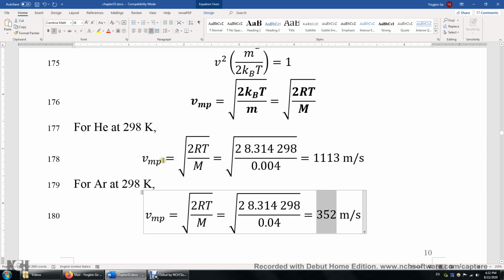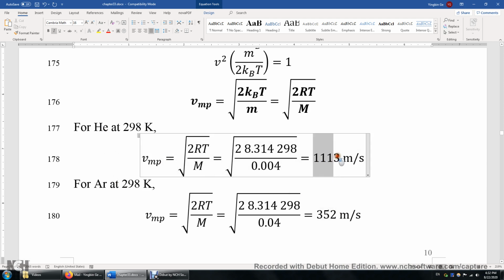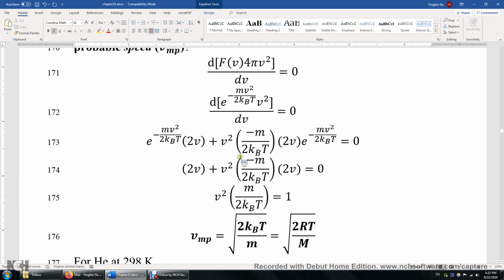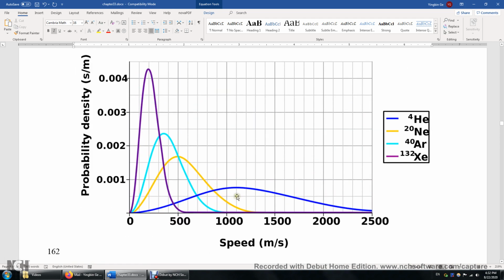So let's look at the speed distribution of helium and argon. Let's see if they are maximized at 1100 and 350. Over here, 1100. This is for helium. For argon, this is the green line. 350.